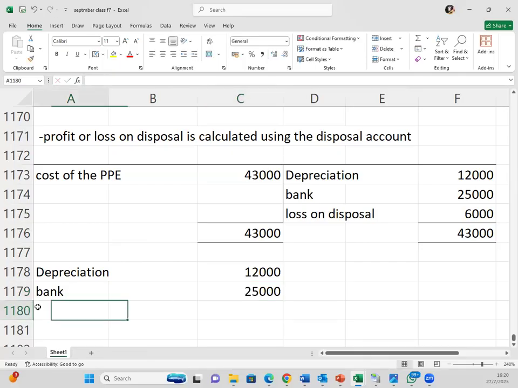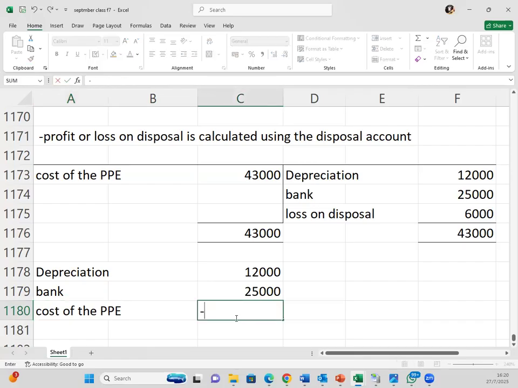Then they say cost of the PPE is negative 43.